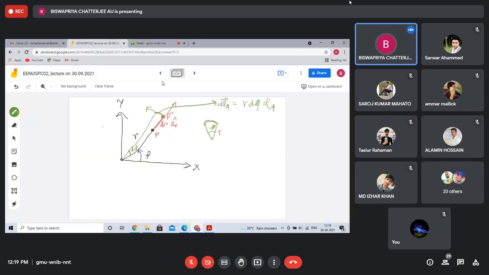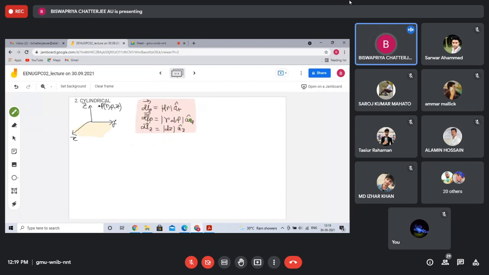So let us go back to my previous slide. It is r d phi az cap. So these are the three differential line elements. Now with the same logic as the previous one, we can establish the differential surface element along the r direction, ds r, which equals dl phi cross dl z.